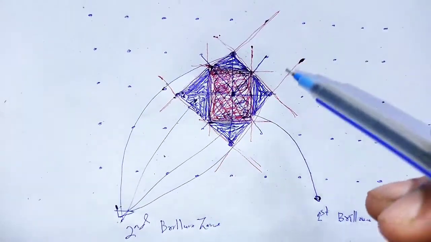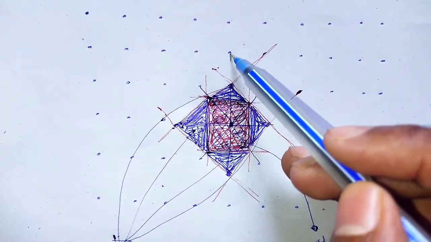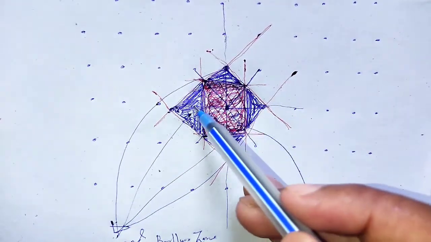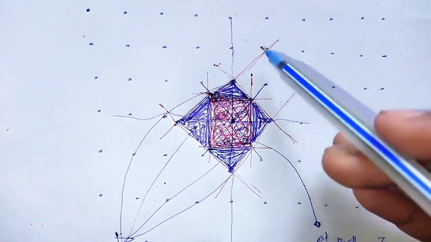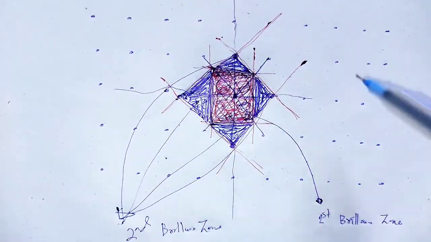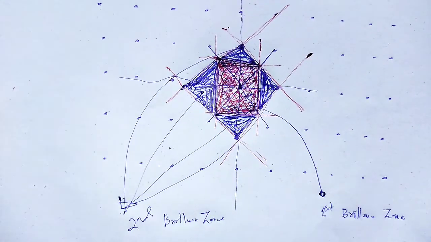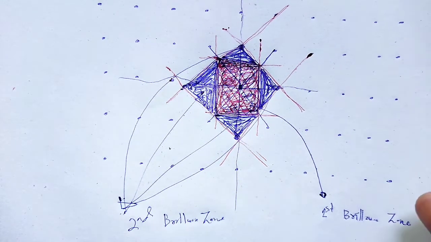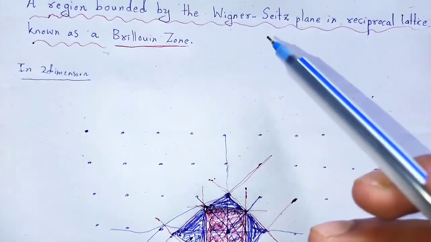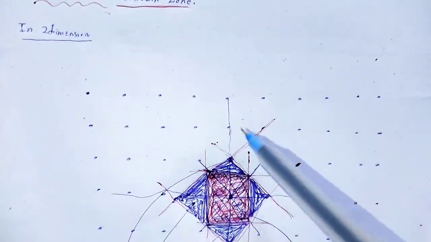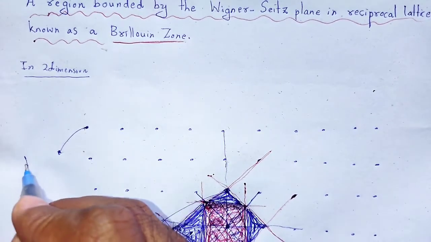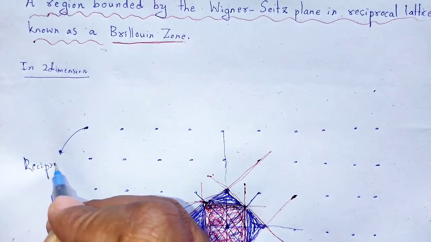Further, if we enlarge these points towards this, then joining this perpendicular bisector and the zones we obtained are known as the third Brillouin zone, and so on. In this way, the Brillouin zones are constructed by taking the Wigner-Seitz plane in the reciprocal lattices. These are the reciprocal lattices.